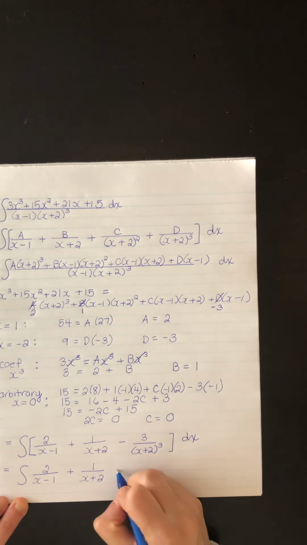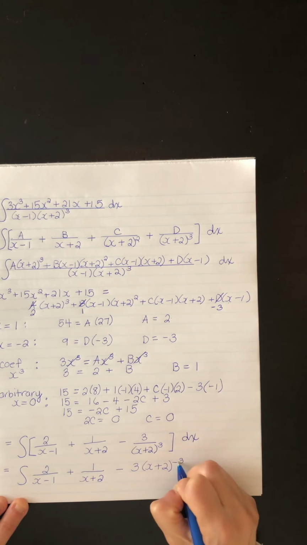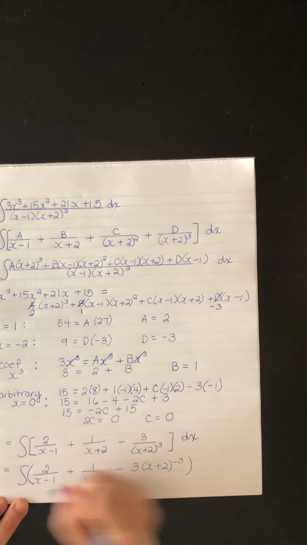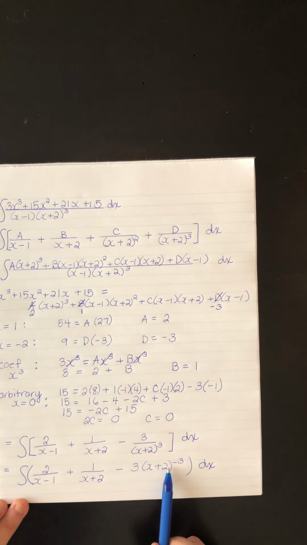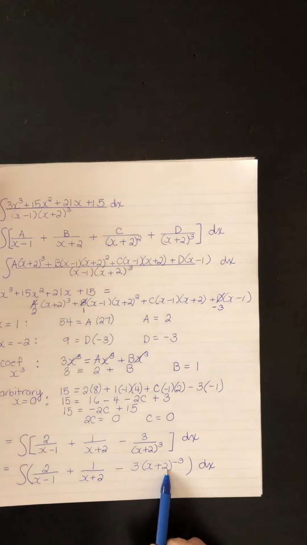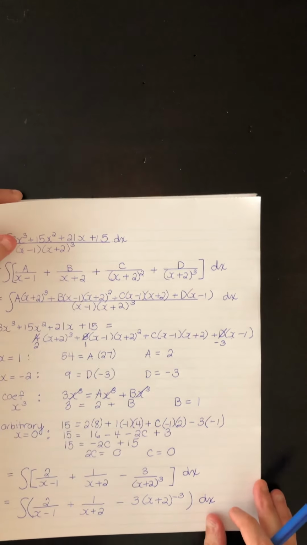To integrate this term, we need to first write it like this. Okay? Now we're going to integrate the terms. Again, a u substitution here is overkill because this would be u, x plus 2. Its derivative is 1. Okay, so we don't need to use a u substitution. I'll just move this up and we will continue.